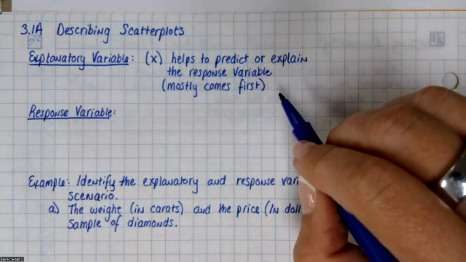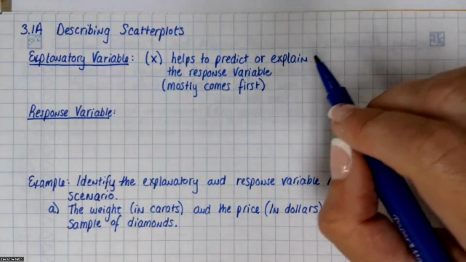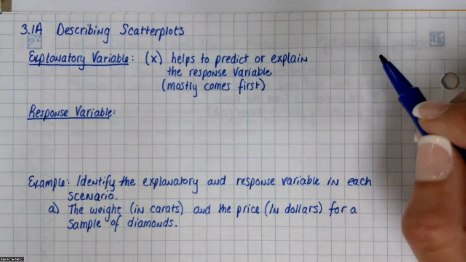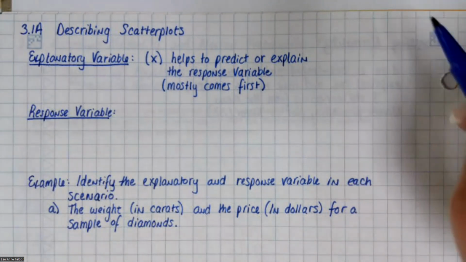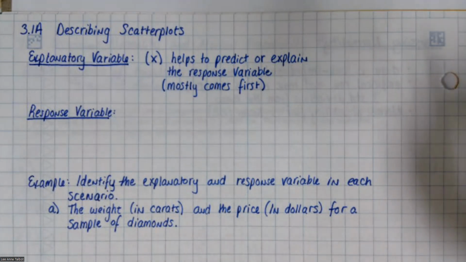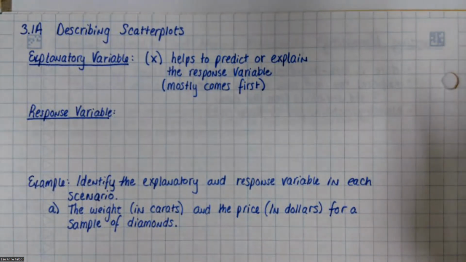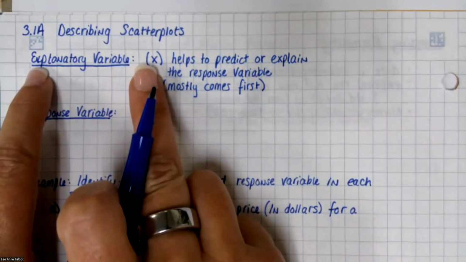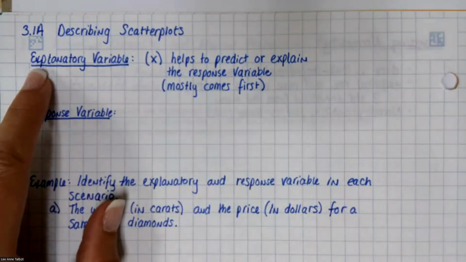Mostly comes first means that, chronologically speaking, the X usually happens before the Y. So not all the time, but most of the time, the X will occur first and then the Y will come off of that. Okay, so this is how I remember explanatory variable is X because they both have an X in there.